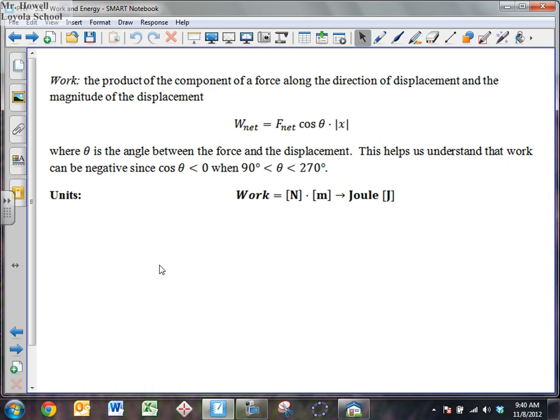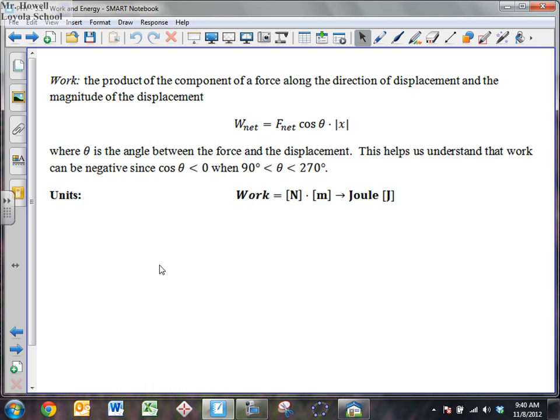Your book uses the letter D instead of absolute value of x, which is fine, because D stands for distance. If the displacement is, say, 10 meters, then the distance is 10 meters. Even if the displacement is negative 10 meters, the distance is still 10 meters. The absolute value is the way I like to write it, so I remember what's going on.